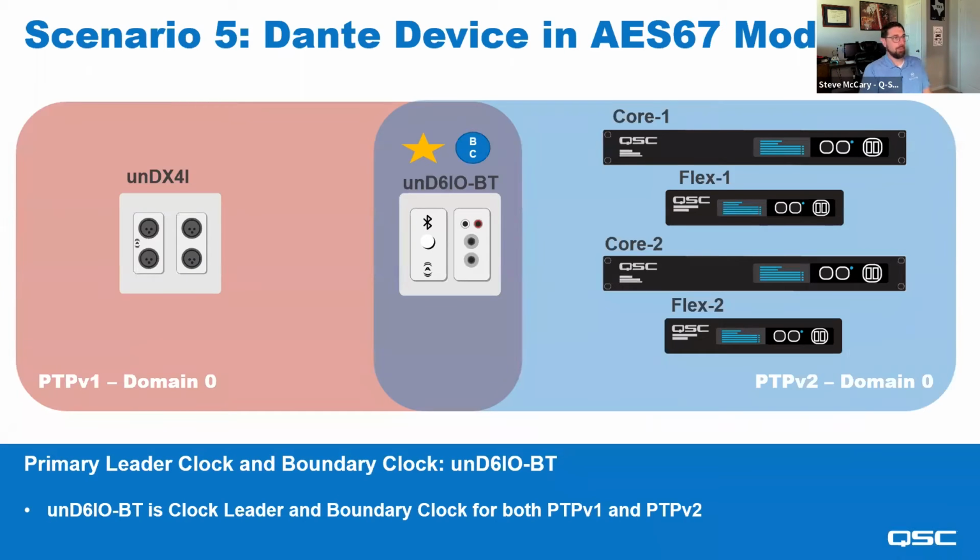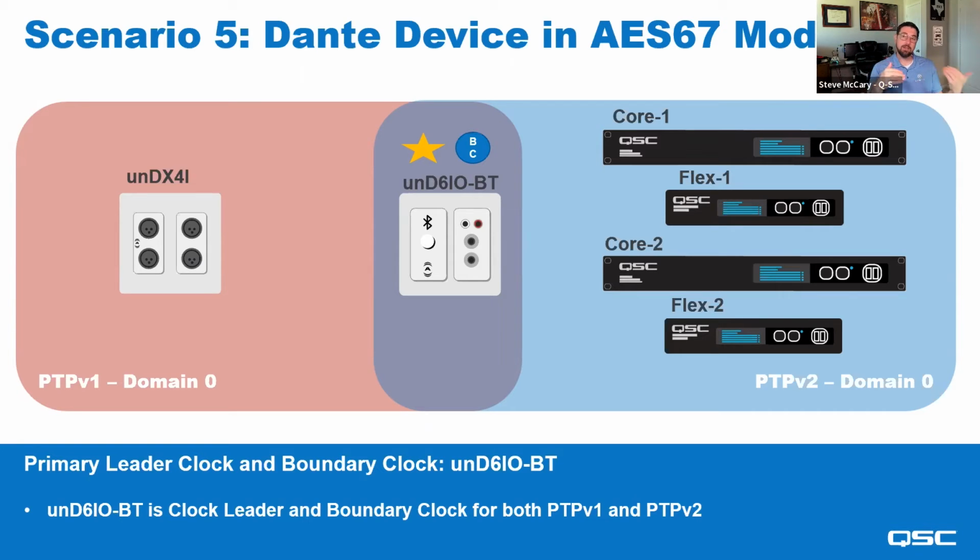So why is that important? Well, in our scenario here, our cores and our Flexes and the AES67 side of the 6IO BT are all living in our PTP-v2 domain. But since it's a native Dante device, its V1 clock is still working.